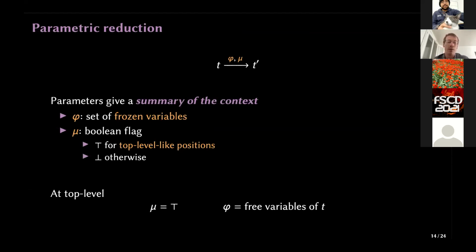This information is fixed at top level. So far, so good. At top level, we can consider that all the variables that are free in the term are frozen variables. Then this information will be updated in the inference rules for the reduction.